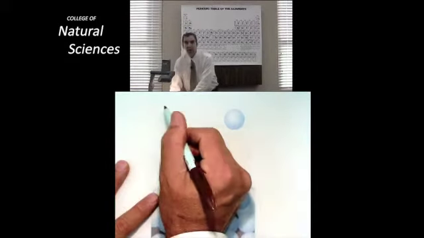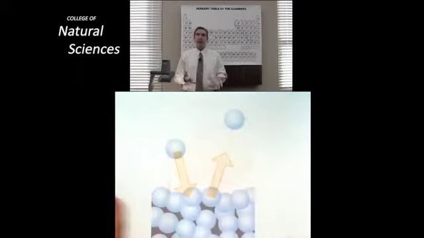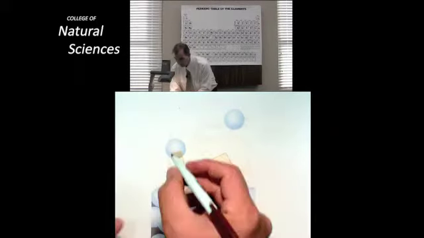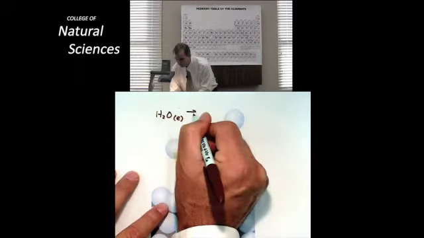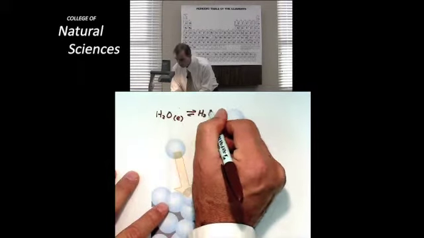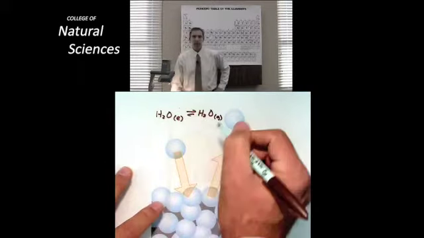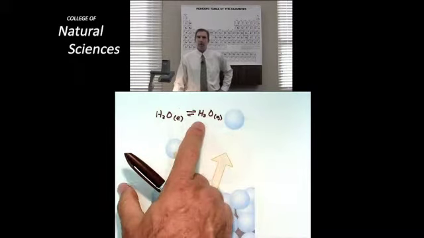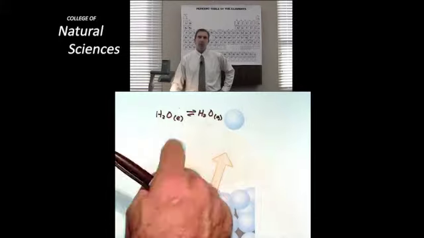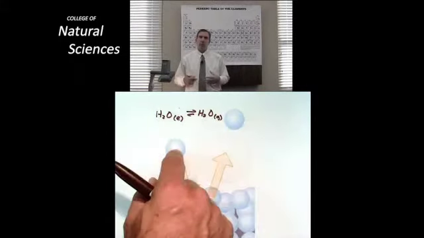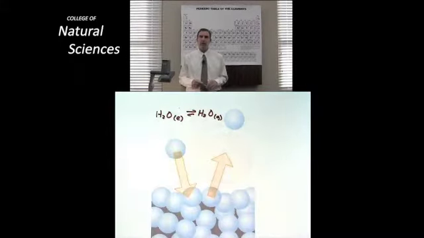So in much the same way that I showed you A and B in equilibrium before, here's my equilibrium involving vapor pressure. Water as a liquid is in equilibrium with water as a gas. The question is just exactly what is that pressure we have up there? That's what we're going to try to evaluate in today's lecture.